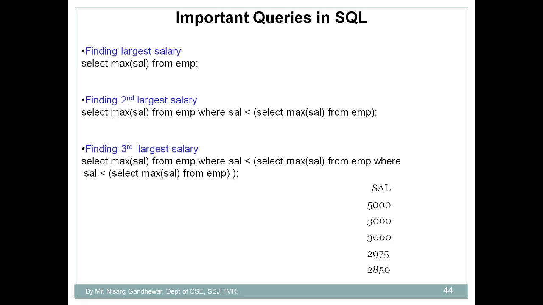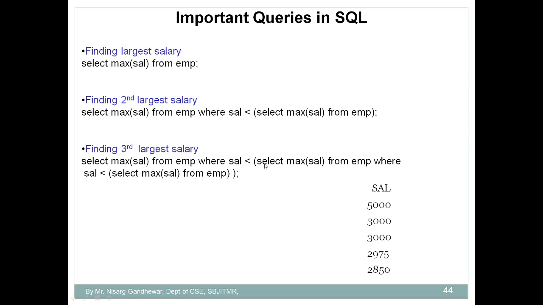First it will check whether 5000 is less than 5000, no. But is 3000 less than 5000? The answer is yes. 2000 is again less than 5000, yes. So out of 2000 and 3000, which is the highest? 3000. In this way we are able to find the second largest salary.